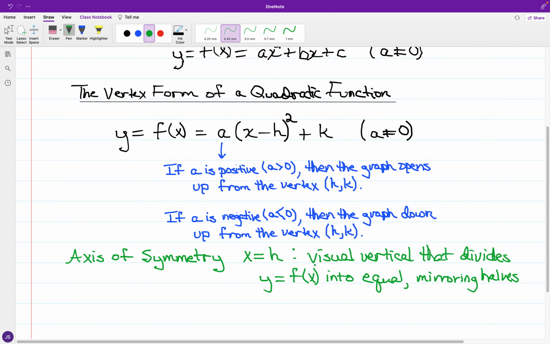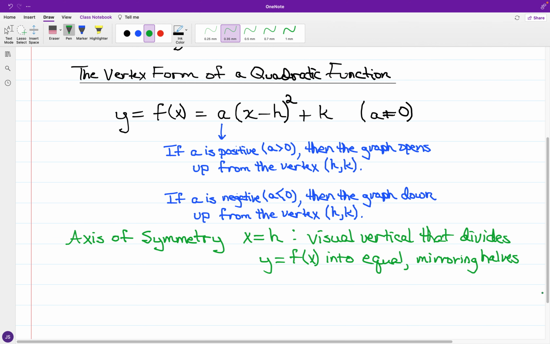Okay, so you have x is equal to h, and we're looking at this same h from the vertex form expression for a quadratic function.